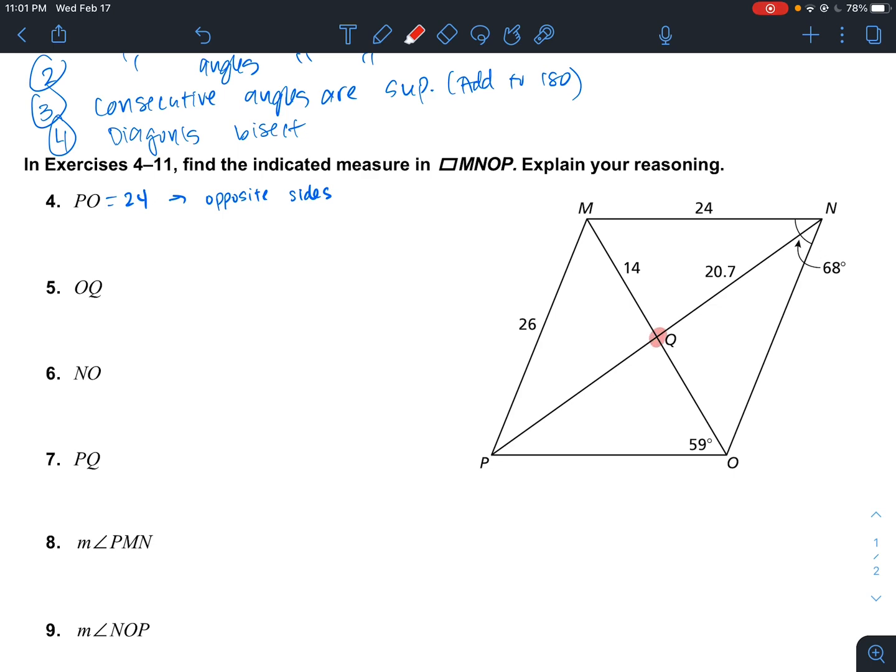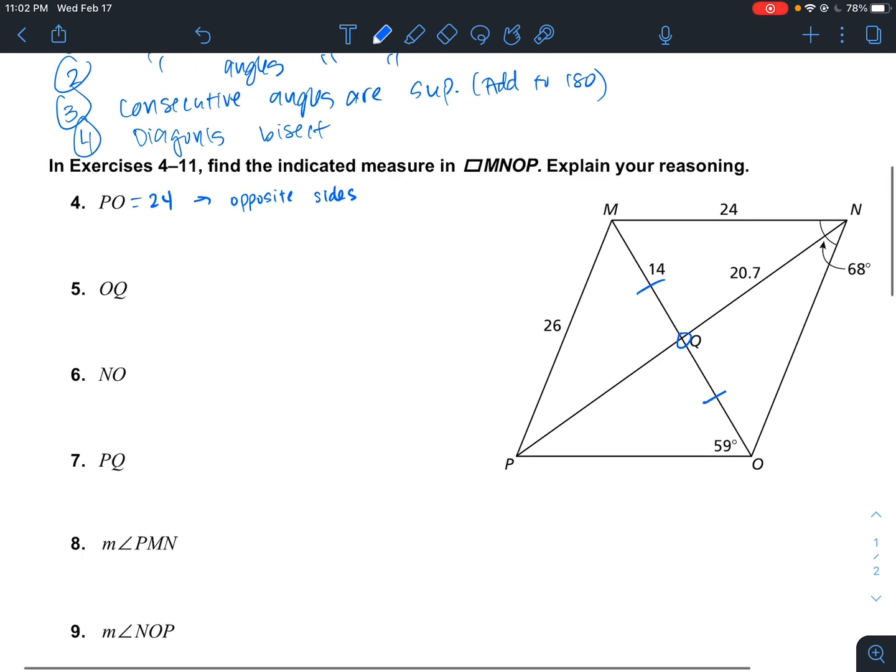Q is the midpoint of both of these line segments, and I know that from number 4, because the diagonals of a parallelogram bisect. So that means this is the midpoint, and if this is the midpoint, these two segments are congruent. So I know that OQ has to be equal to 14. So this is from the parallelogram diagonals theorem.